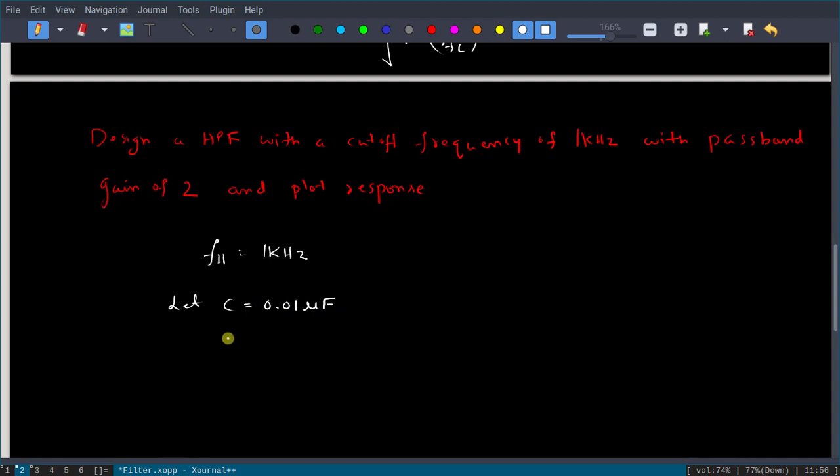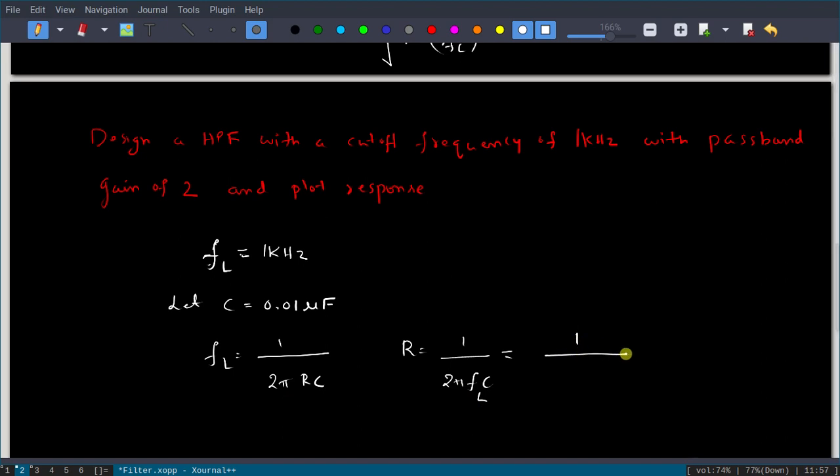Now you have to find the formula, it is not fH, sorry, it is fL. So fL is 1 by 2 pi RC. I want R in this, so R equals 1 by 2 pi fL C. So fL we know, and C we know, so we know all the values.